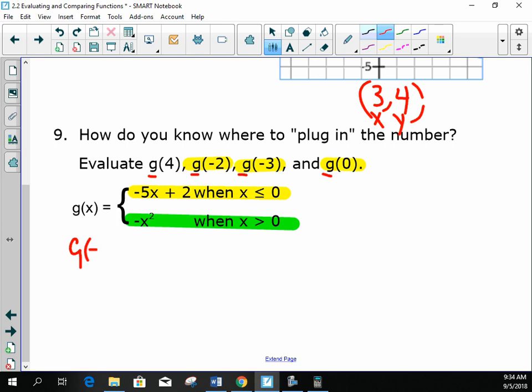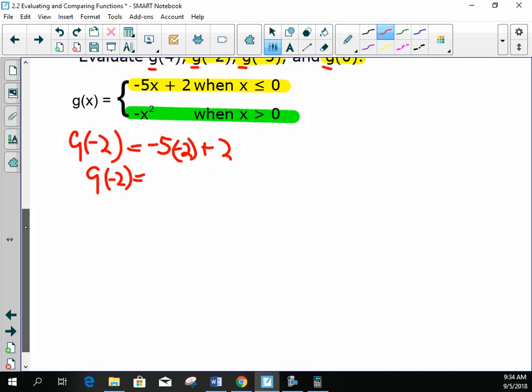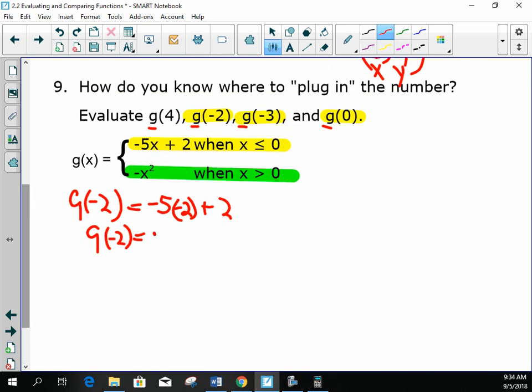So I have g of -2 equals -5, empty parentheses, plus 2. Put my -2 right here. That gives me 10 plus 2. So g of -2, what does g of -2 equal? Yes, thank you. G of -2 equals 12.